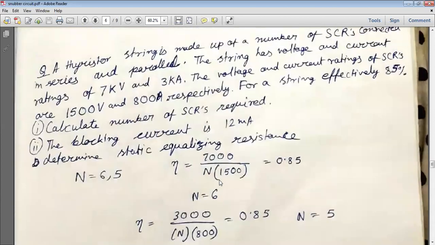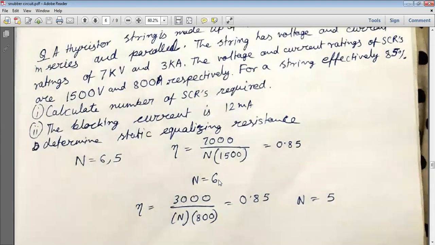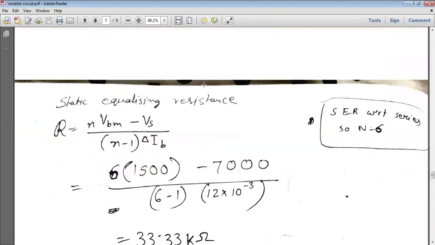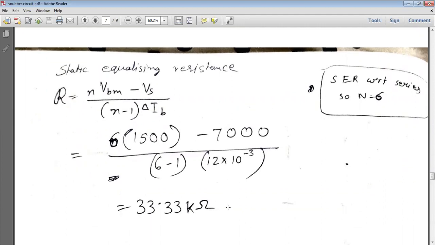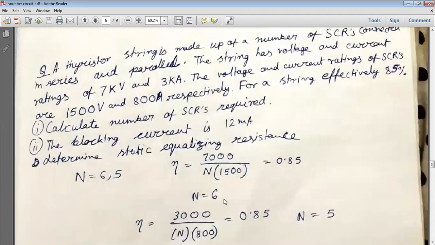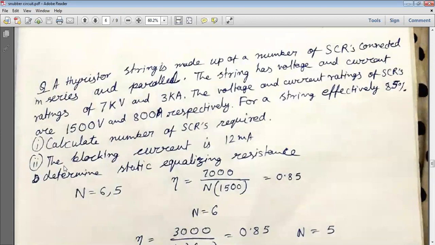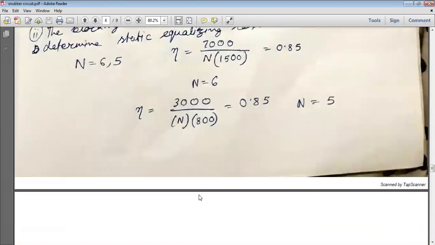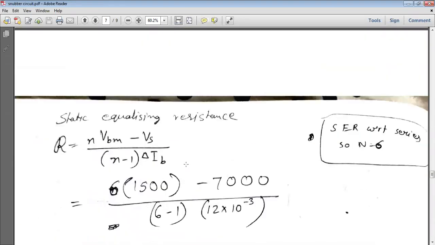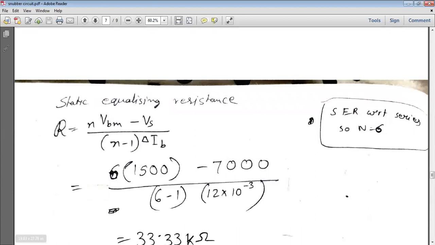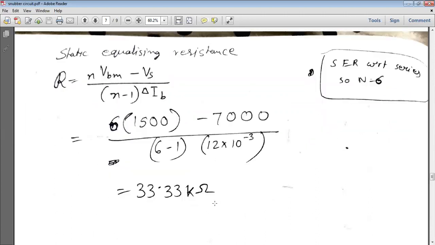Vs is 7000, the string voltage rating. So it is (6 times 1500 minus 7000) divided by (6 minus 1), that is 5, times delta Ib. Delta Ib is equal to 12 times 10 to the power minus 3. Here the blocking current is 12 milliampere. Delta Ib is the blocking current, equal to 12 times 10 to the power minus 3, and this gives the static equalizing resistance.